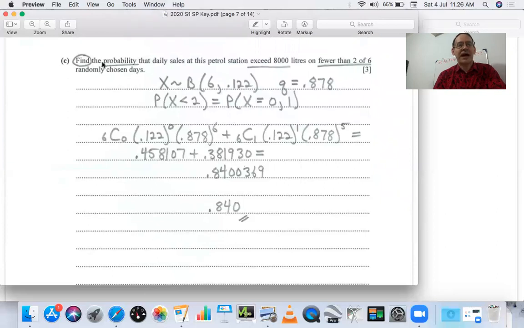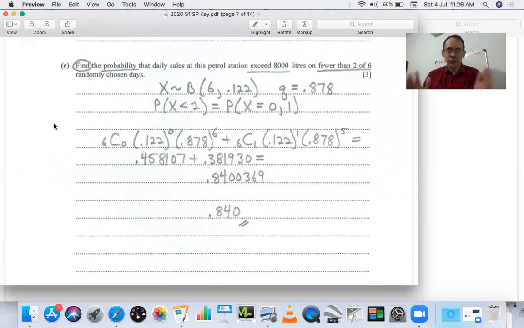Now, part C says find the probability that daily sales exceed 8,000 liters on fewer than 2 of 6 randomly chosen days. Now, mentally, you really have to be sharp because Cambridge, on every A, B, C, they're kind of changing things.